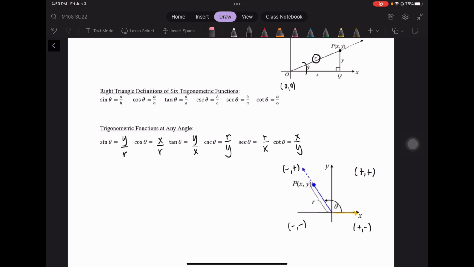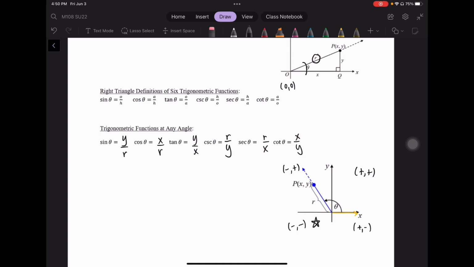So looking at the sine, cosine, tangent, cosecant, secant, and cotangent, depending on where you are in the quadrants, the signs might change. So we can create a graphic that shows what the signs are for each of these. So think about this. Let's talk about the third quadrant.